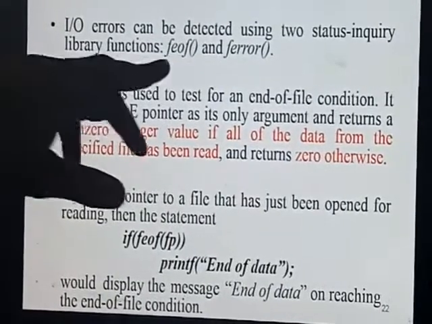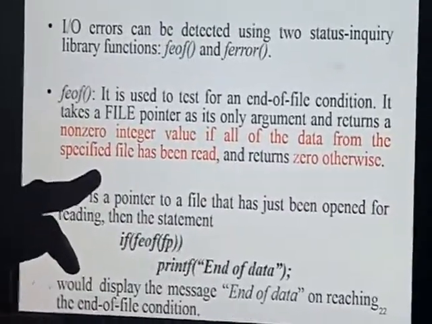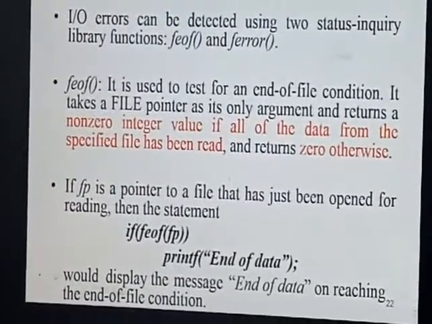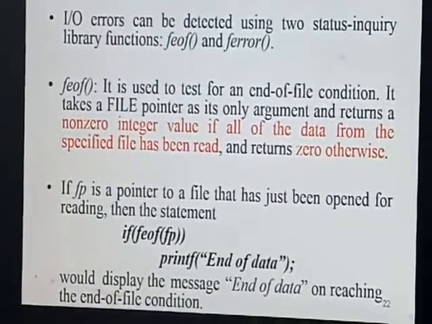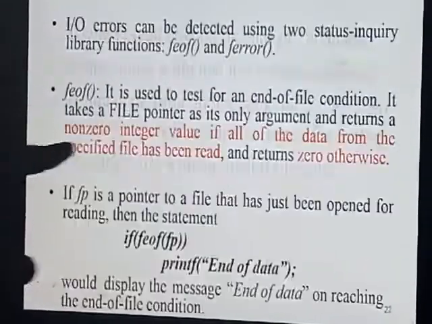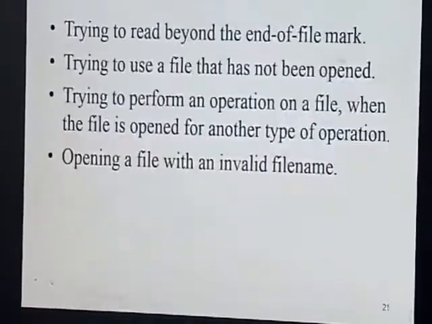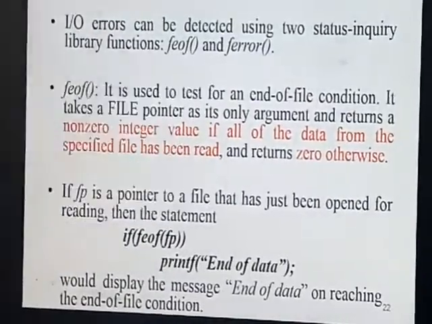If feof returns non-zero, it means that you have read the entire data, and if it returns 0, you are in the middle of the file and have not yet reached the end of file. So the first error you can handle with feof, and the remaining three errors you can handle with ferror.